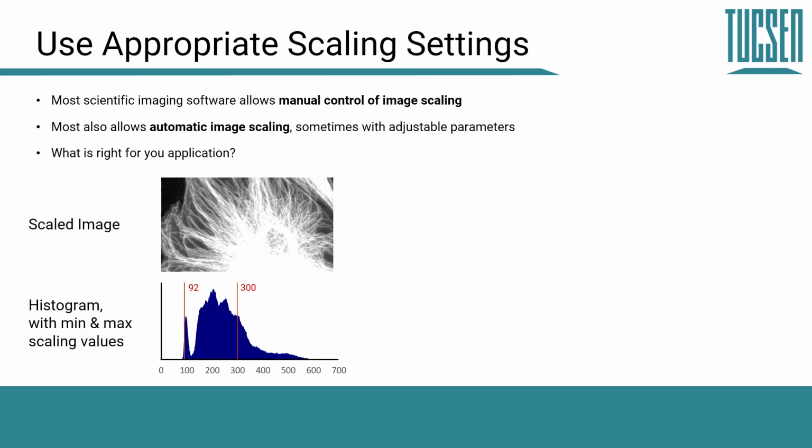Below the image we have the histogram, which, if you're not familiar with image histograms, represents the brightness overall of the pixels of the image. On the x-axis we have the different possible intensity values for pixels, and then on the y-axis we have the number of pixels that contain that intensity value.